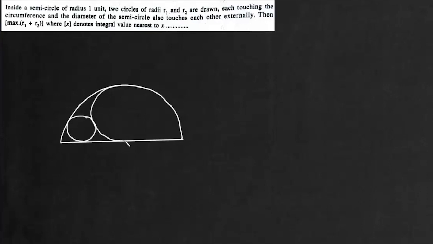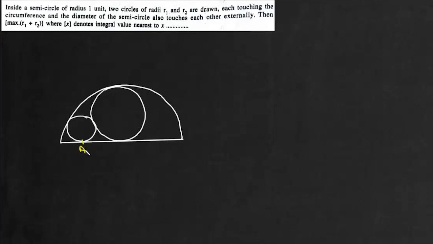Now here we have the semicircle. And then we have two circles touching each other and also this semicircle.